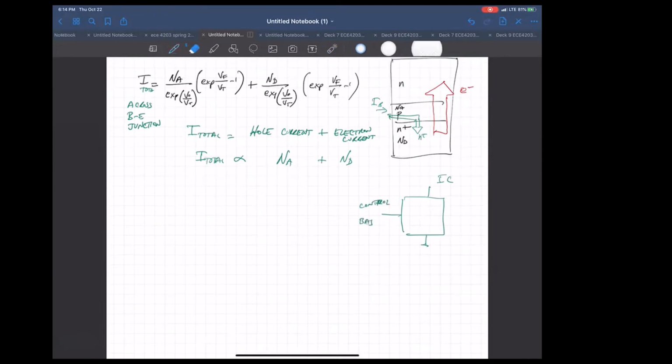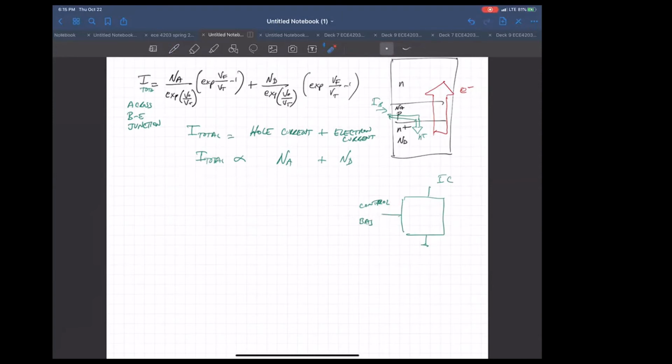You kind of want a small thing here controlling a big thing here. That gives you the ability to not load down whatever's driving this. Let's say a microphone is driving this amplifier, this transistor that makes the amplifier.